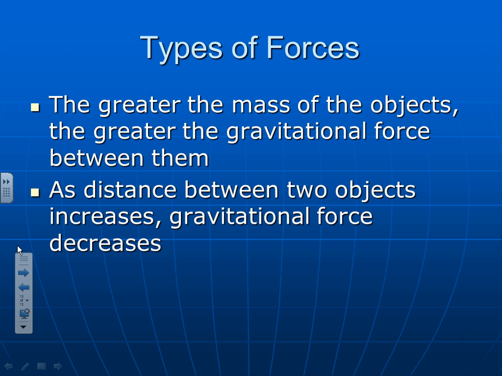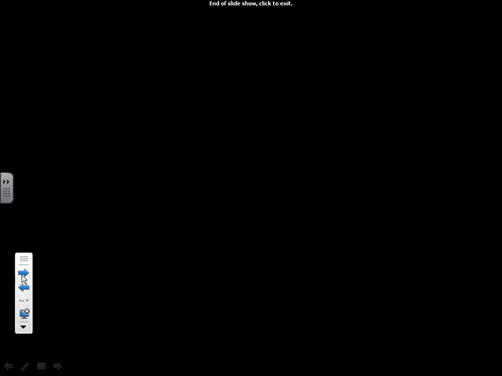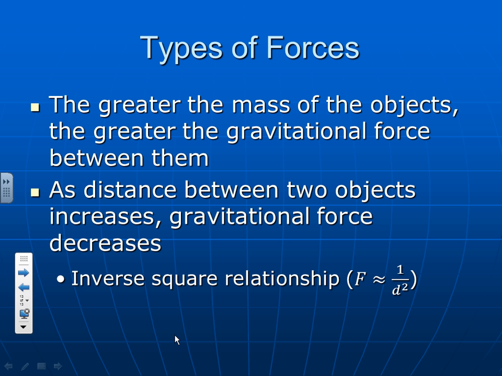So let's go ahead and put that away. Oh, sorry, one thing. We talk about the inverse square relationship. Sorry, I should introduce you to this. Yes, it is true that as you get farther away from an object, the amount of gravitational force that you feel decreases, but it is not a direct relationship.